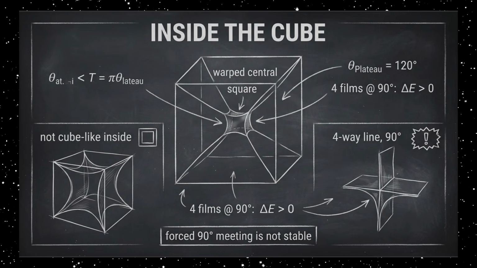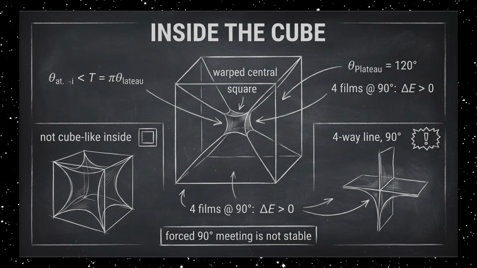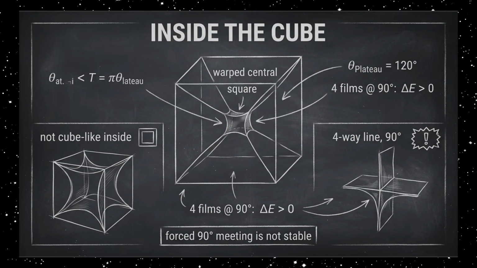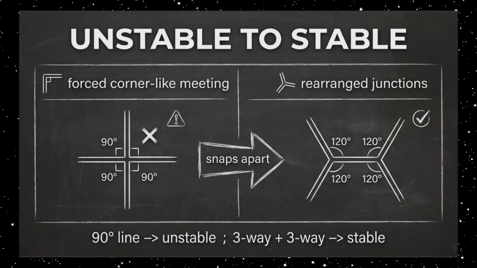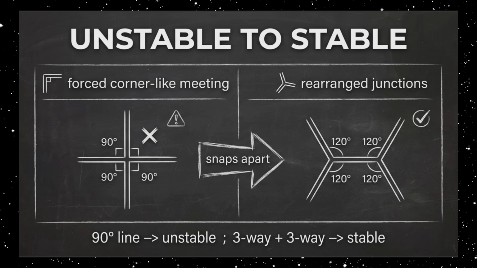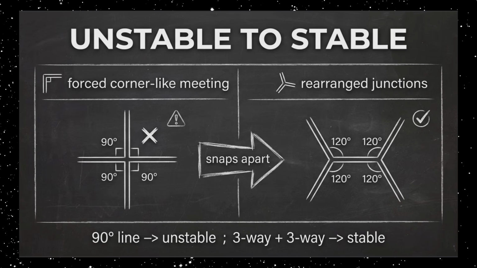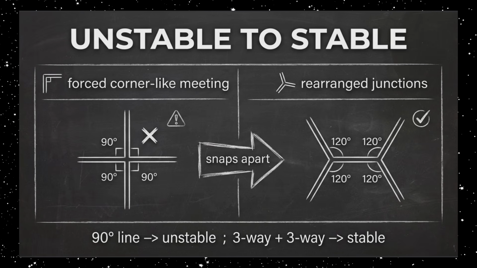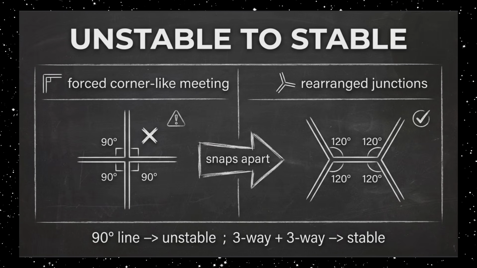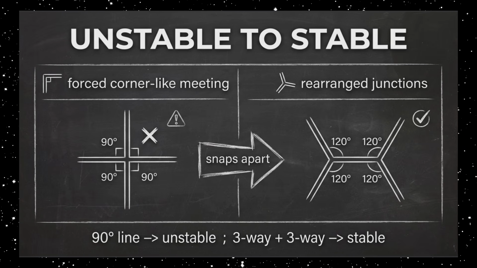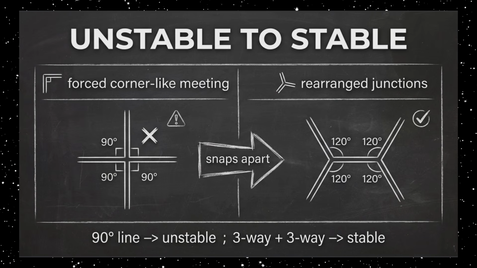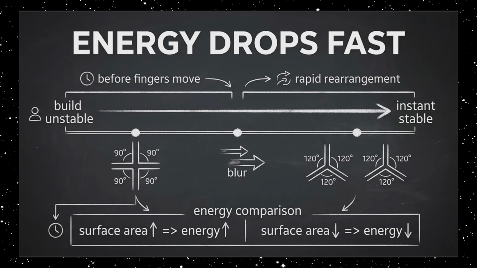If you somehow manage to force 4 films to meet along a line at 90-degree angles, the way the walls of a room meet at a corner, the configuration would not hold. It would snap instantaneously. It would rearrange itself into 2 junctions of 3 films, each junction at 120 degrees. You can watch this happen in real time if you're careful.